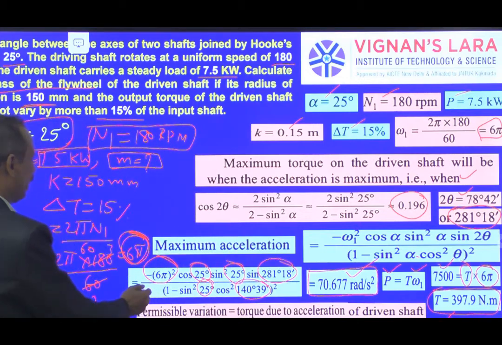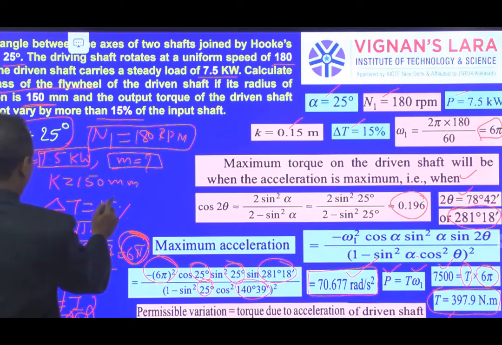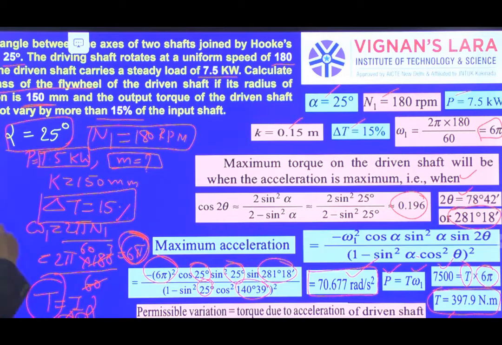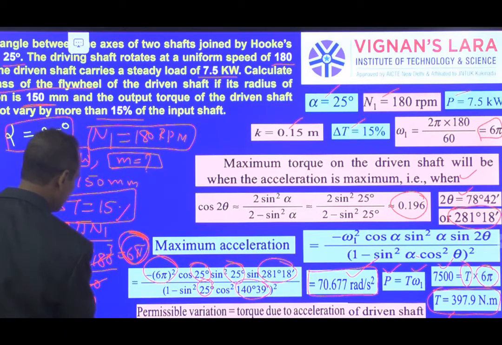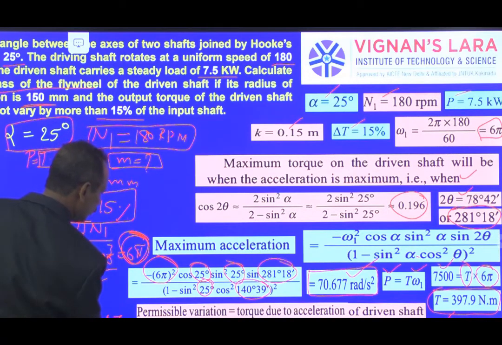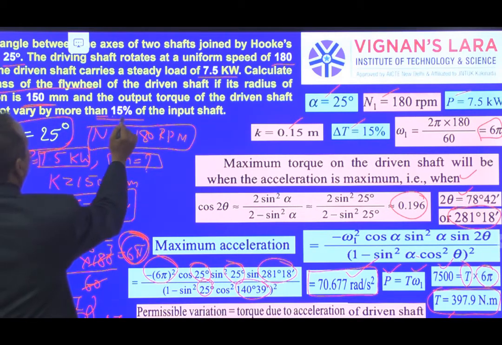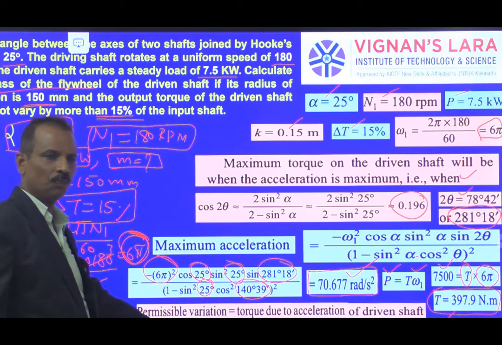The permissible variation is given as 15%, the delta T. So T is equal to I alpha, then delta T is this T into 0.15. He has given 15% variation, which is nothing but 0.15.